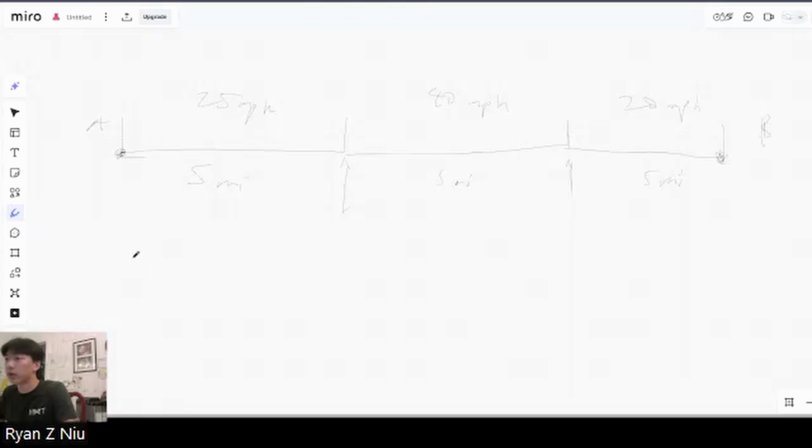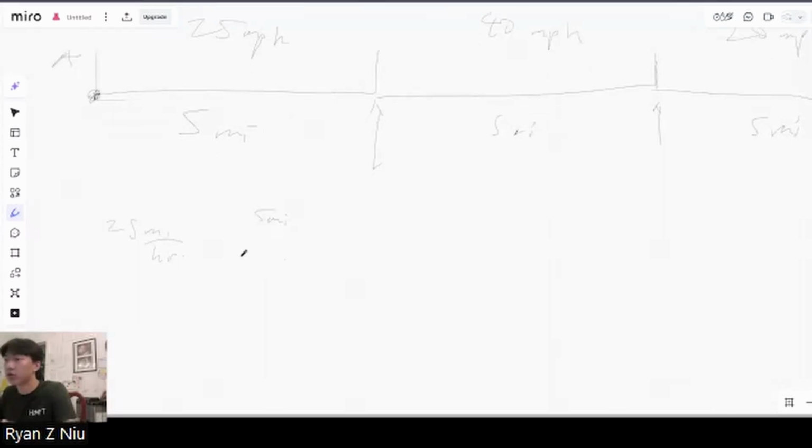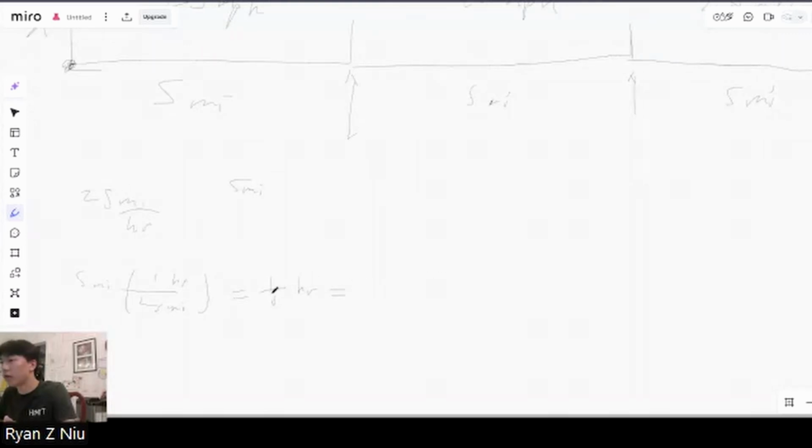So 25 miles per hour, right? Miles per hour. And we have 5 miles. So what we should do is just take 5 miles, and then multiply it by 1 hour per 25 miles, right? So this will give us 1/5 of an hour, or if you want, 12 minutes, right?